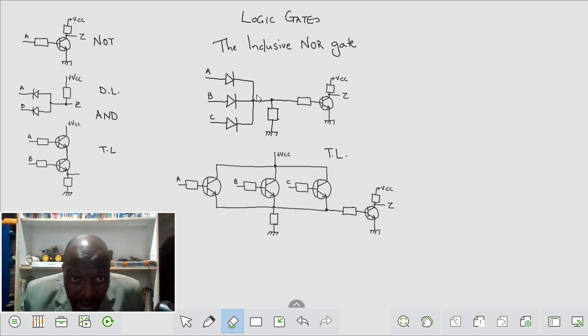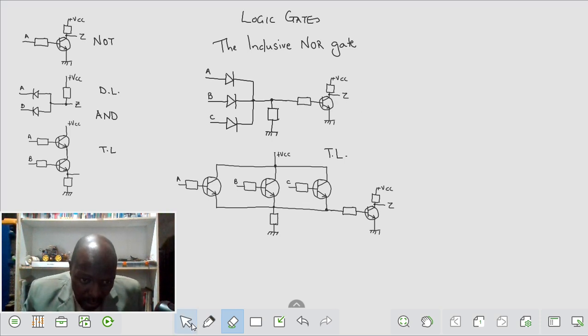So if we do this here, we'll have a situation where whatever output we get here is going to be inverted. Remember that as long as we had a 1 anyway, if we didn't have a 1, our output was going to be 0, and that was going to be inverted to a 1.